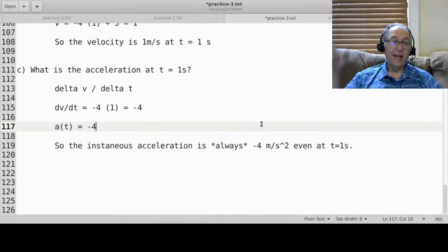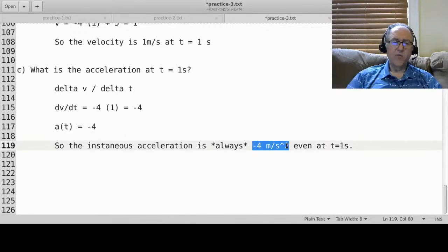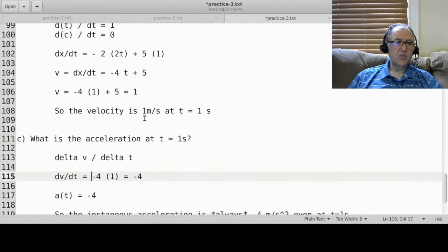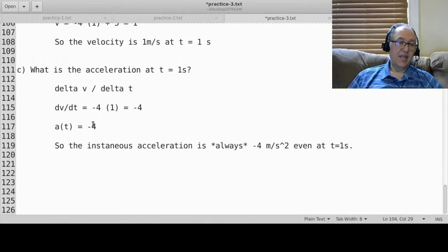I could have given you a problem if I had like a t cubed in there, then the acceleration would have changed over time. But I decided to do a situation where the acceleration does not change over time. And so the acceleration is always negative 4 meters per second squared in this particular problem. Again, the way I got that is I just started from my velocity function, which was negative 4t plus 5, differentiated that, and that just gave me negative 4 without any time dependency at all.